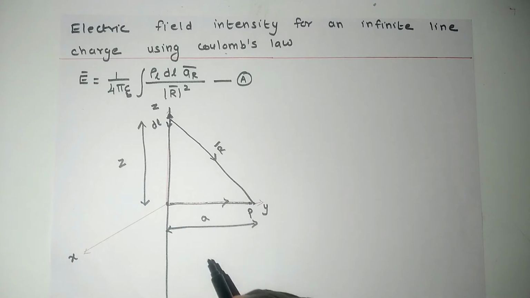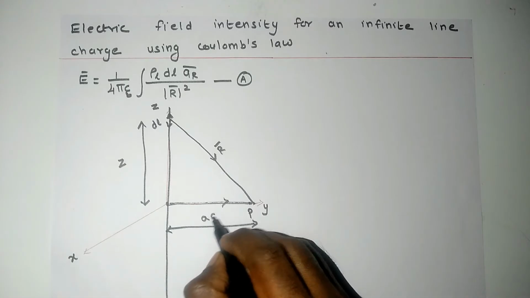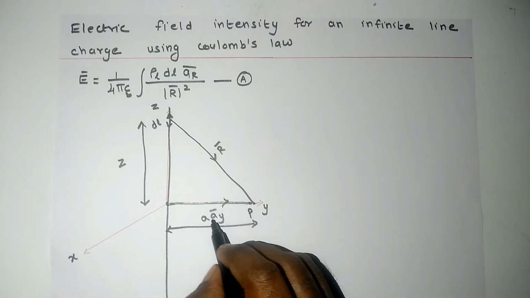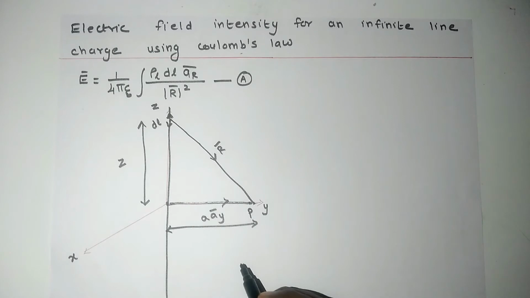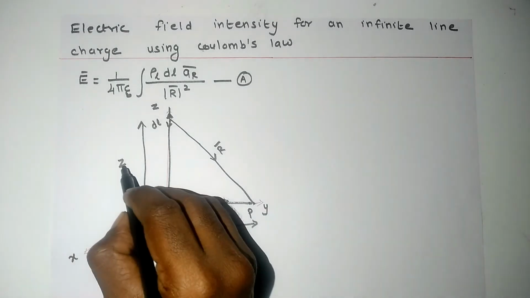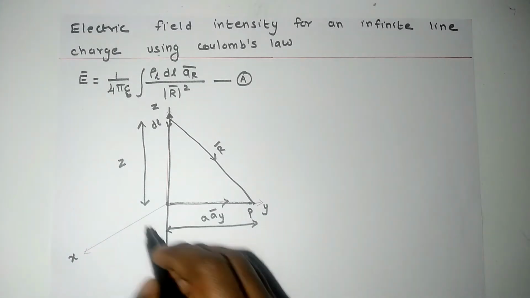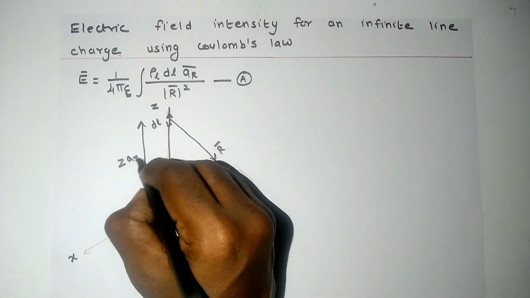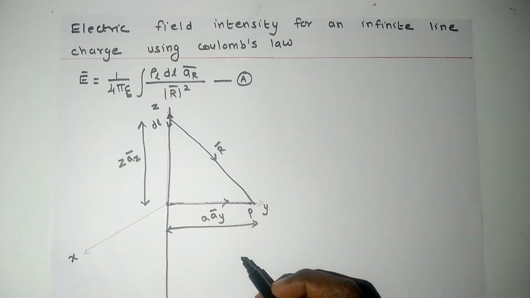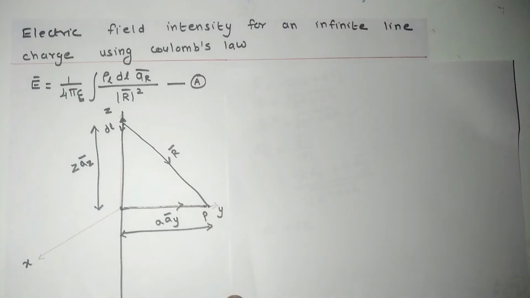Here a represents the scalar value of this line, and this line can be written in vector form as a into ay, that is the unit vector along y-axis. Similarly, the value of z can be written in vector form as z into az, because az is the unit vector along z-axis.